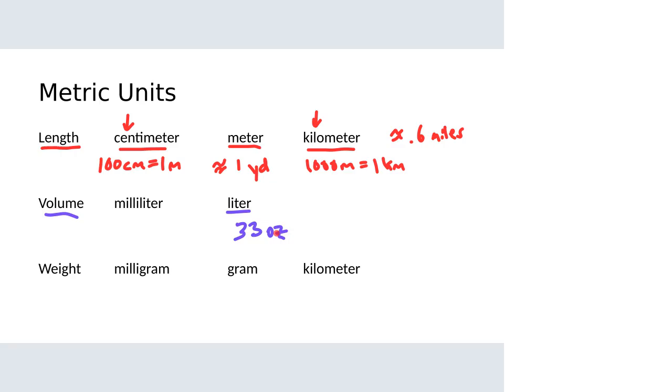So it's pretty common for us to buy a 2-liter bottle of soda at the store, and a liter would be half of that, 33 ounces, roughly. A milliliter. Milli, this prefix milli, we might think that it would go with million, but it doesn't. It goes with 1,000. And there are 1,000 milliliters in 1 liter.